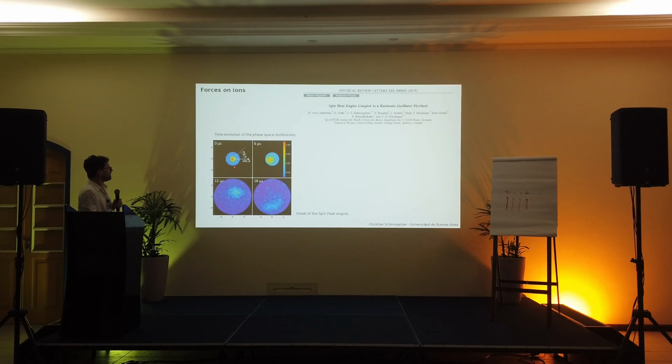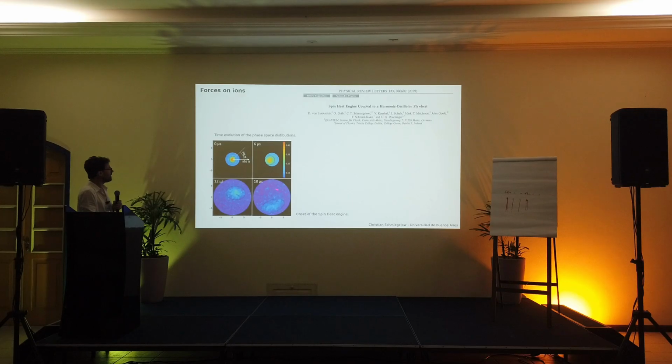graphs here are the reconstruction of the Wigner function as a function of time of the operation of the engine. You basically see first a cold atom with almost no movement in the wave packet in the center, and as time goes by, this starts to rotate and accumulate energy, which is what we call the flywheel.